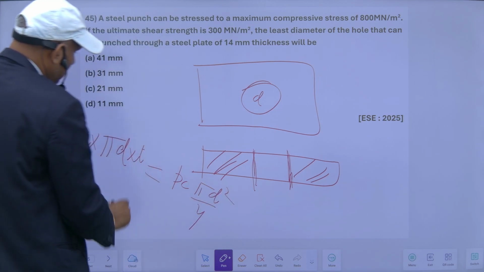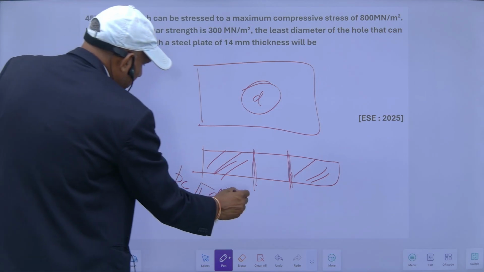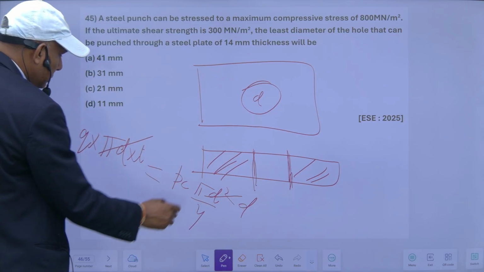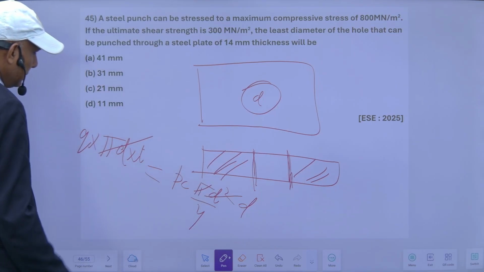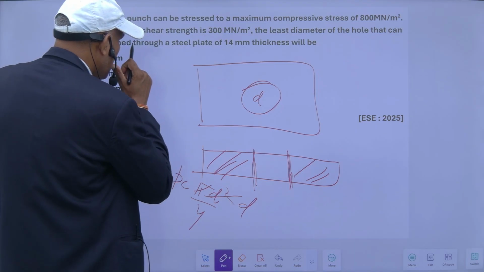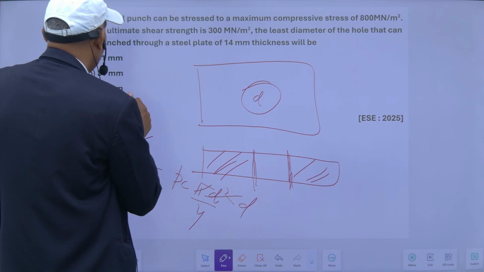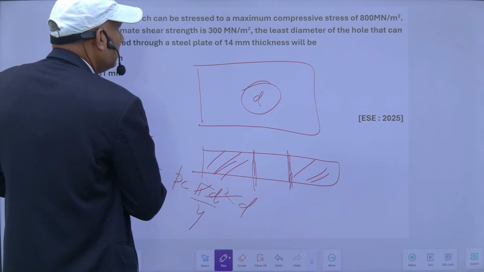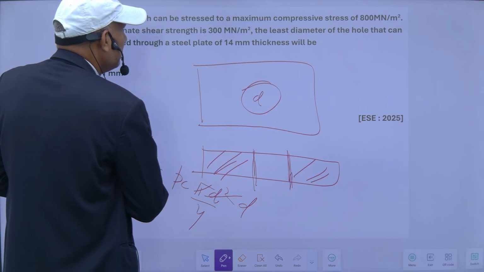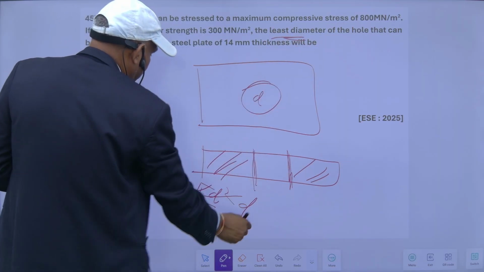In this case, I have to find the steel punch with the least diameter. So d I have to find.